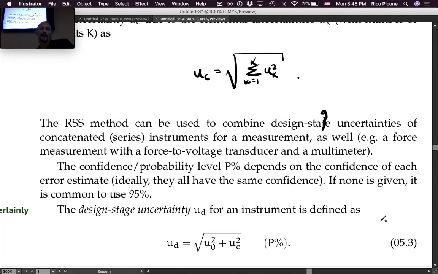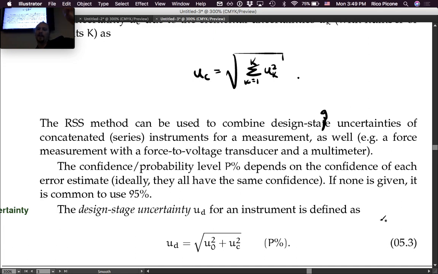Okay. The confidence/probability level, P%, depends on the confidence of each error estimate. Okay, so your zero order uncertainty, okay, your device uncertainty for each device along the way.